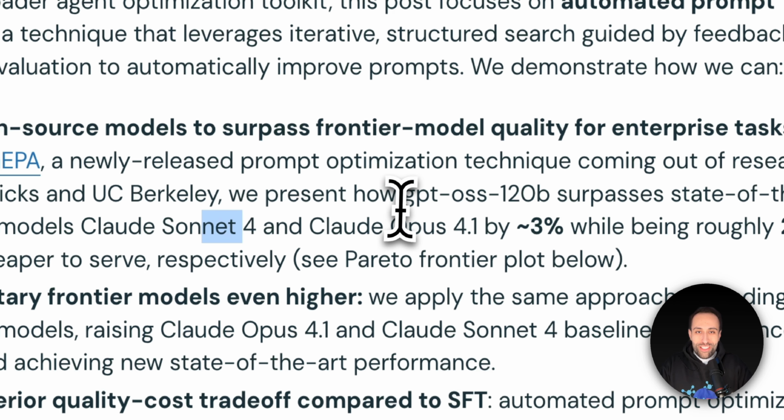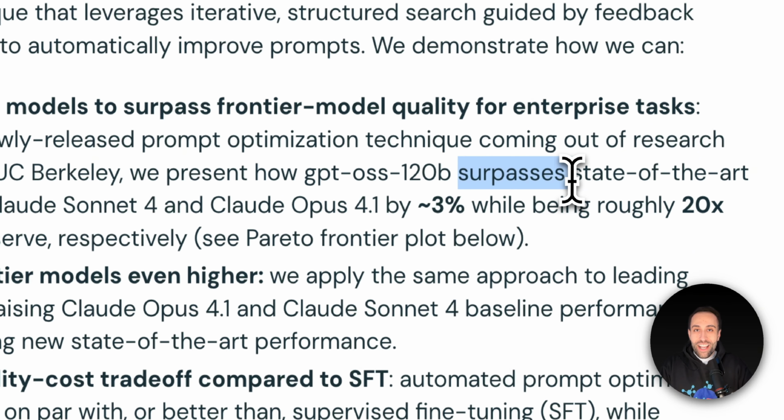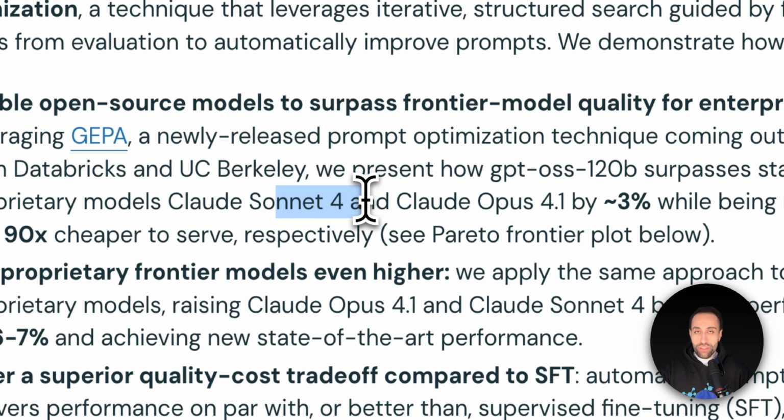By just using GPT open source 120 billion parameters, you could get much better performance from your AI agents compared to these much more costly models.